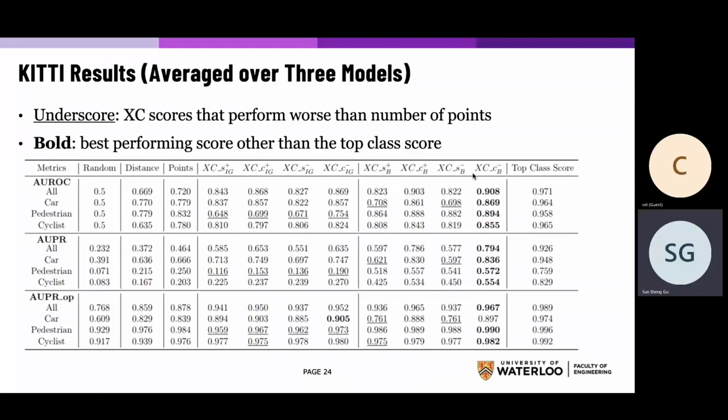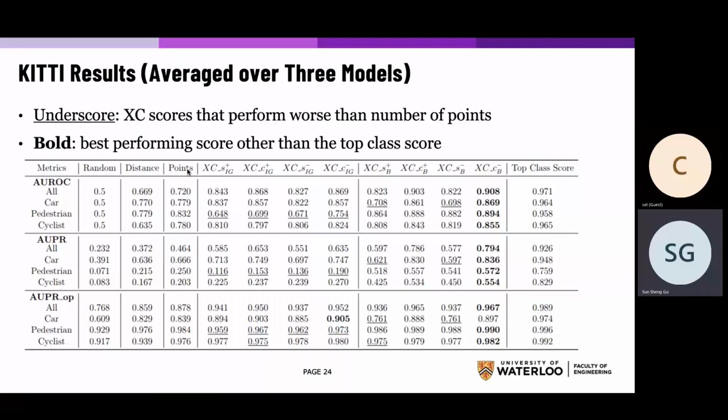Okay, and here's our results. Let me just explain. To compare our XC scores better, we also show the performance of some other scores. For example, the top class score from the predictions, the distance between the prediction and the sensor, and also the number of points within the predicted bounding box, right?